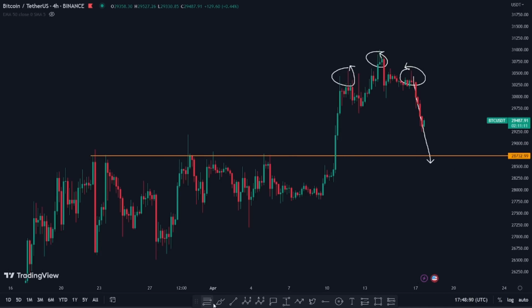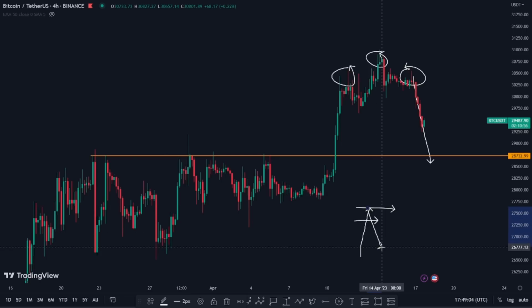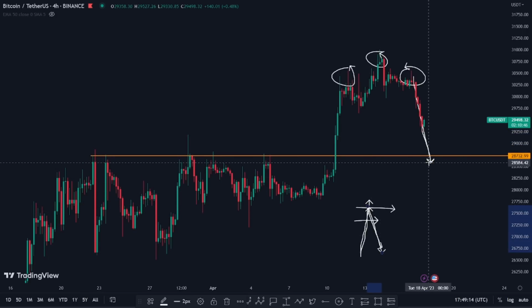Now, if you remember the dollar chart we looked at earlier, we were expecting the dollar to go higher to attack those two important zones, and then we could see a rejection in the dollar. If the dollar goes higher, Bitcoin is going to go lower, and if the dollar gets a rejection, Bitcoin can bounce. That is the trick that I'm looking at now.